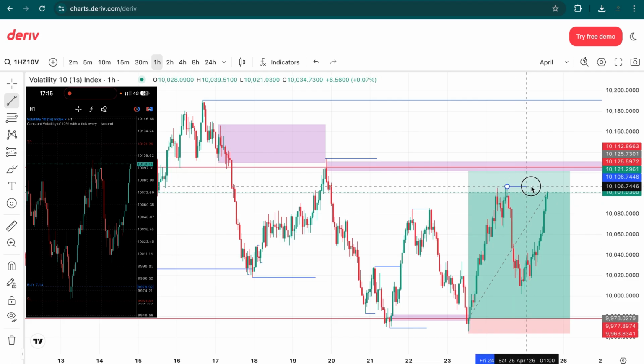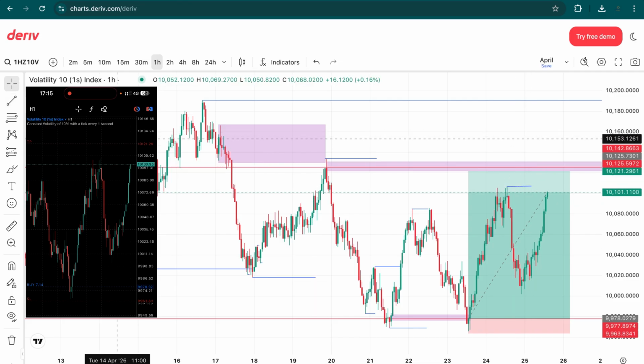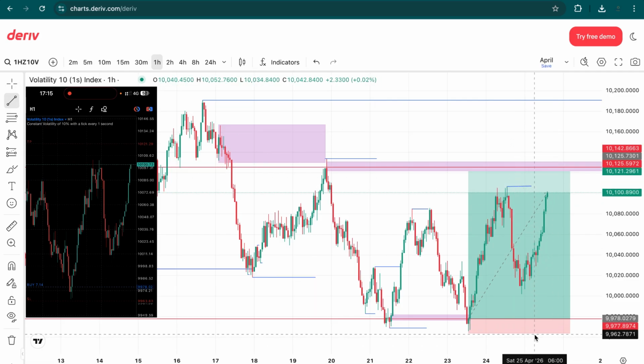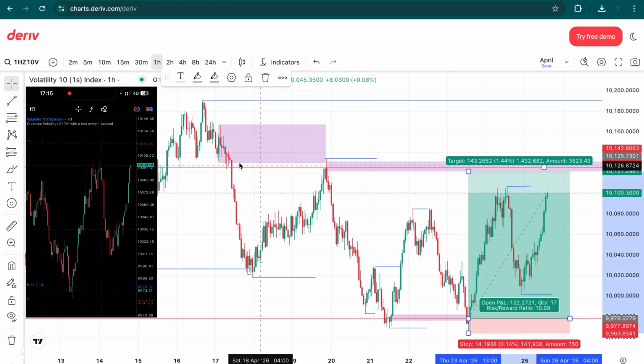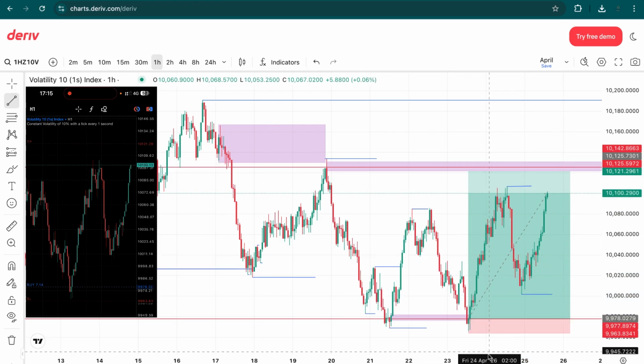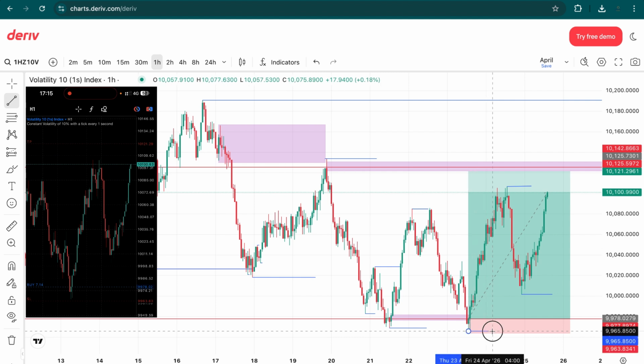So basically it's like this. So right now I hope with this momentum we will be able to hit our take profit, and let's stay patient.